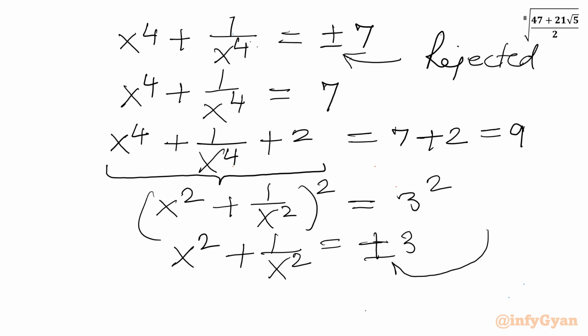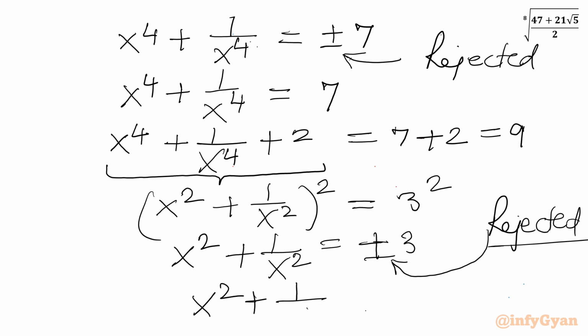But this minus sign we will reject it because sum of two squares cannot be negative for real solutions. So I can write x square plus 1 over x square will be equal to 3.